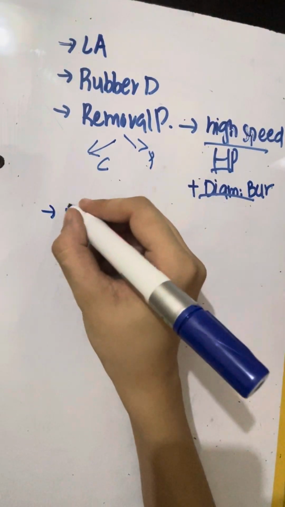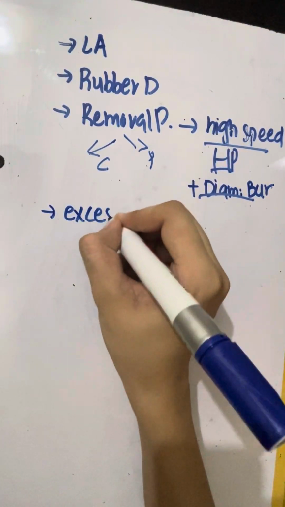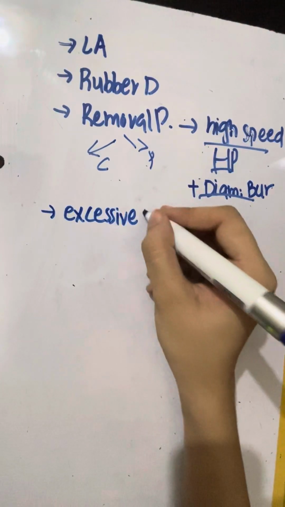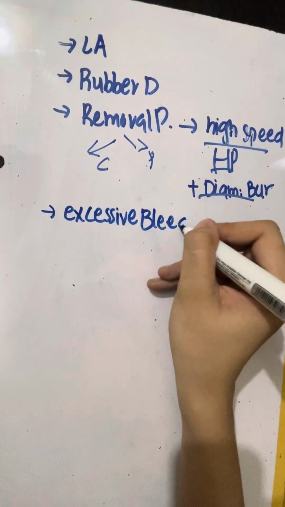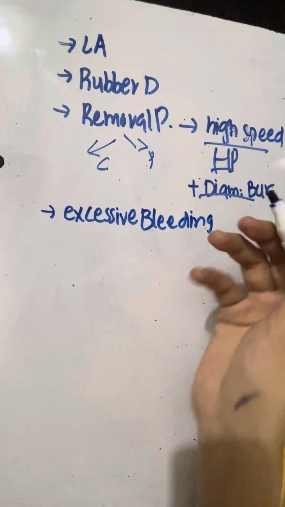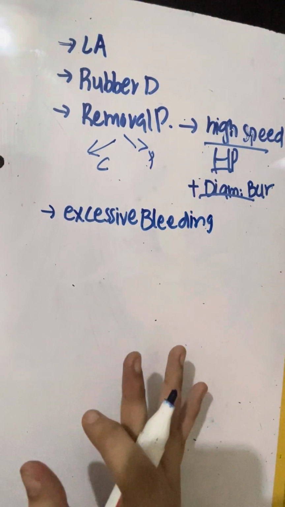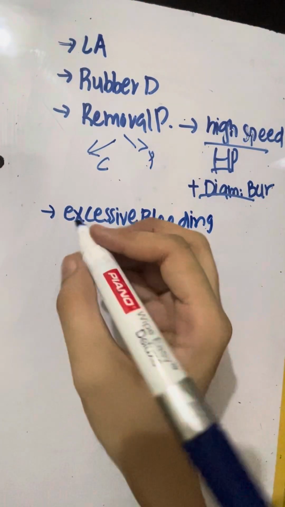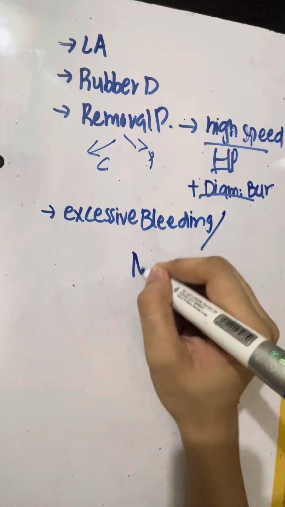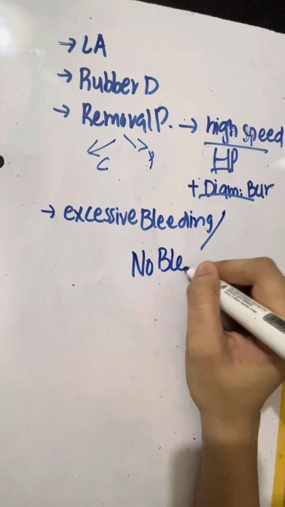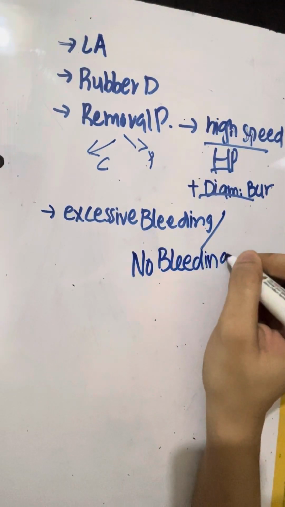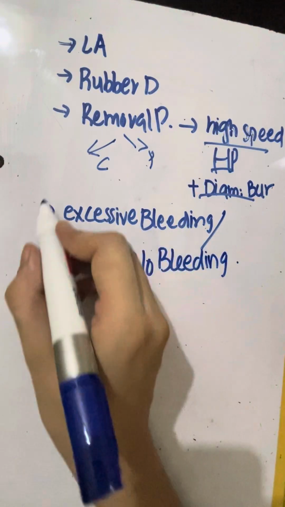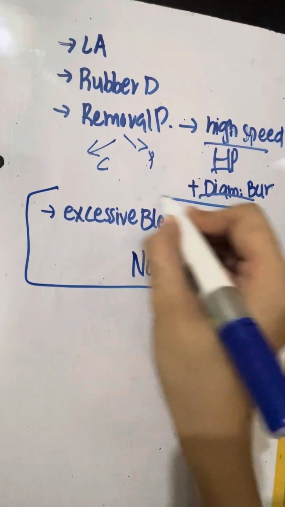If there is excessive bleeding, you are removing the pulp and the bleeding is massive, it is not in your control, or there is no bleeding at all, it means you have to remove the further pulp.